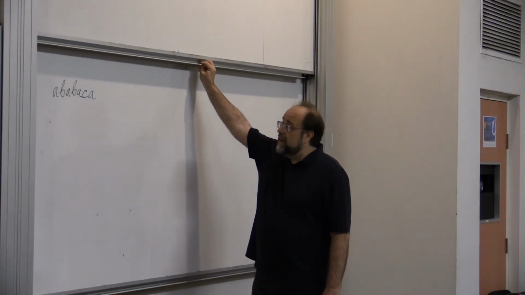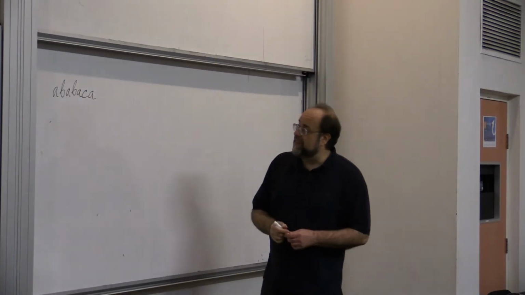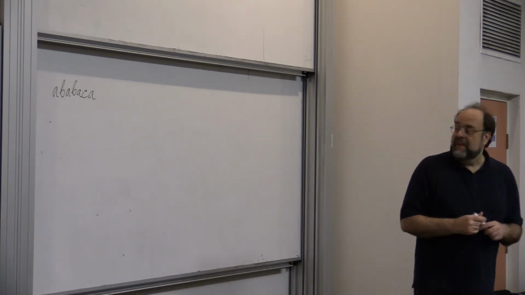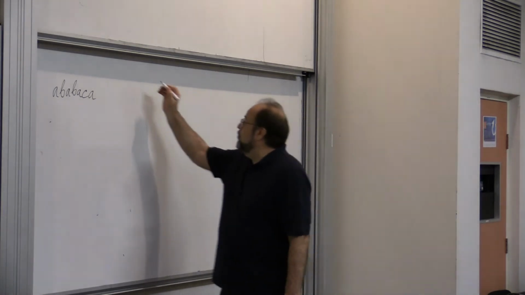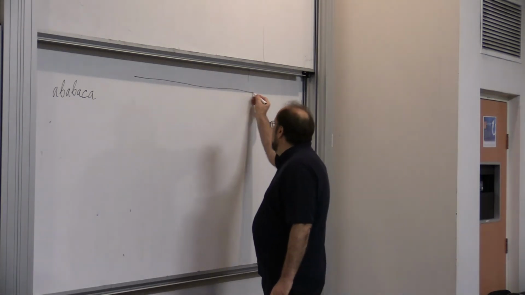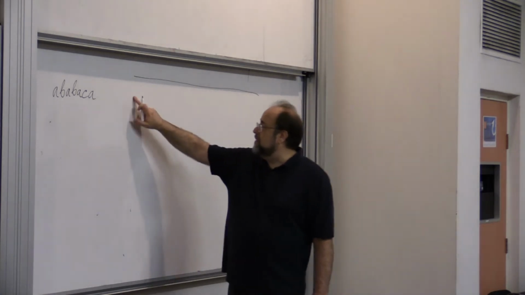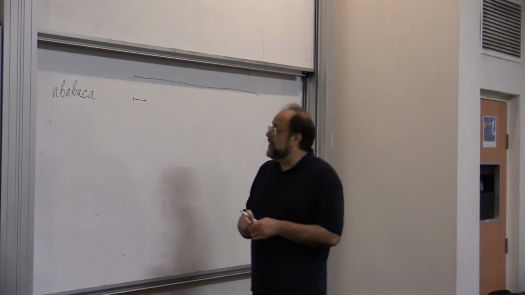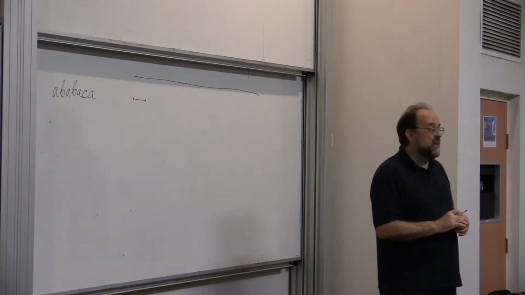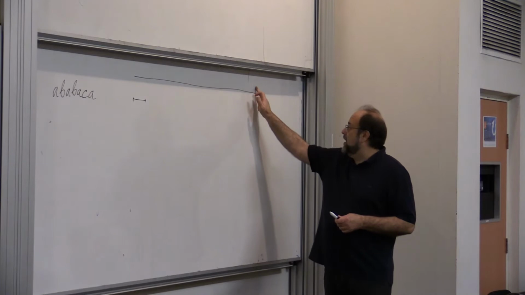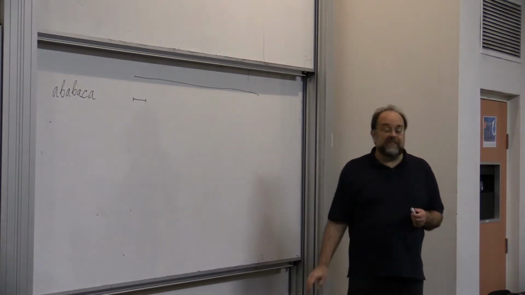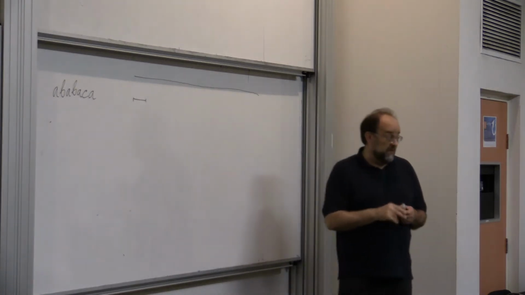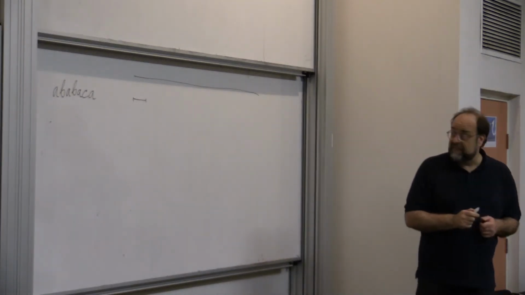Okay, so our next topic is string matching. So what is string matching? You have one very long string of symbols, and you have another shorter string. So the first one can be, for example, a text, and this can be a single word, and you want to find all occurrences of this word in the text.